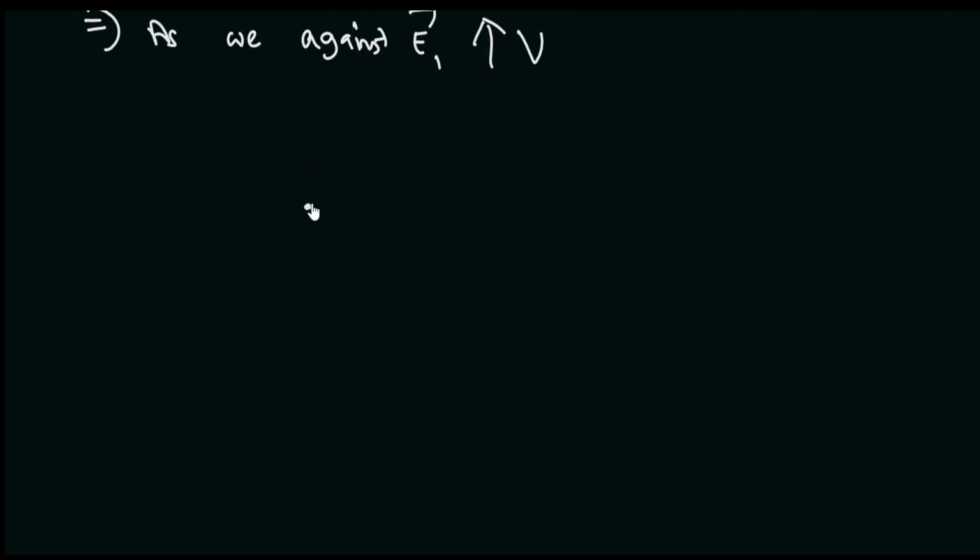Now let's say that we have some point charge q at the origin, and we want to find the potential at some point P, which is at a distance r away from the origin where the charge q is located.